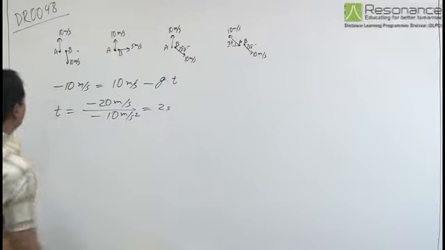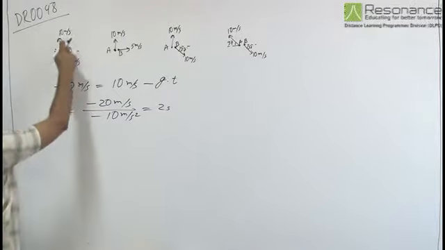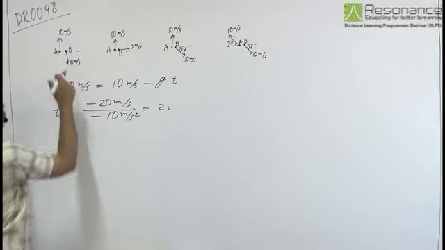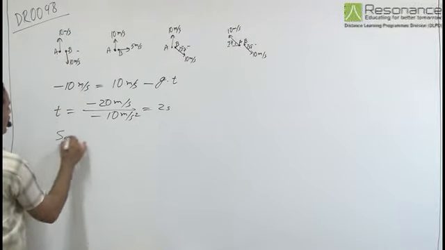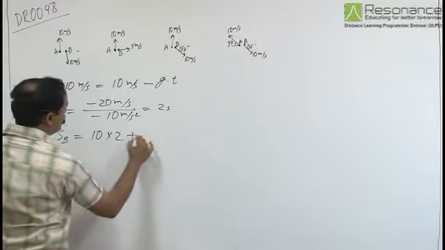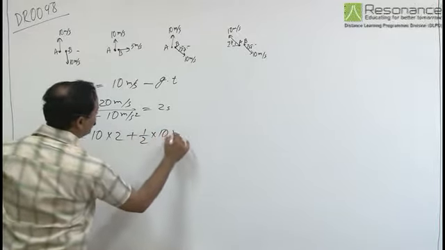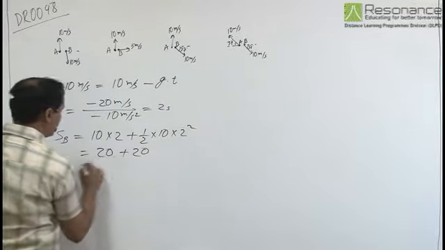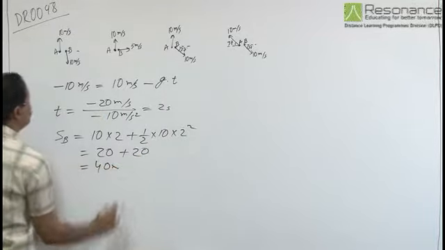Within 2 seconds, A comes to the position of B, and within 2 seconds B has traveled a distance. SB is equal to 10 into 2 plus half into 10 into 2 square, that is 20 plus 20, or 40 meter.